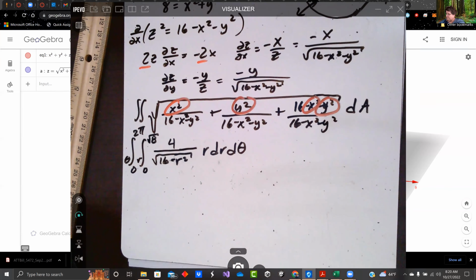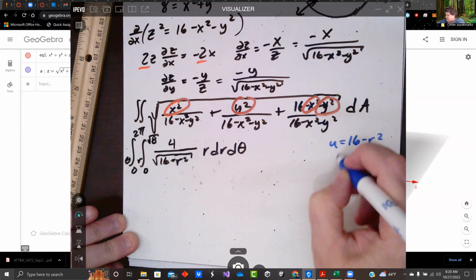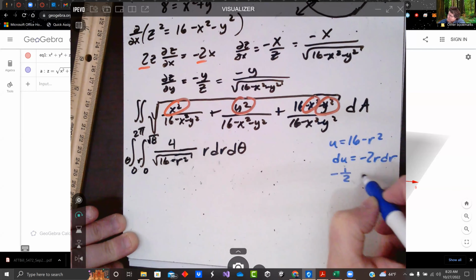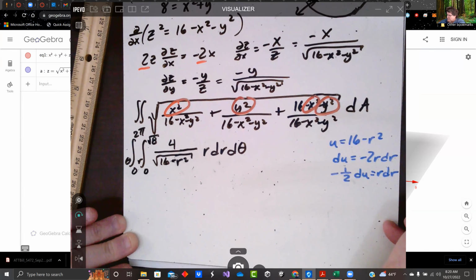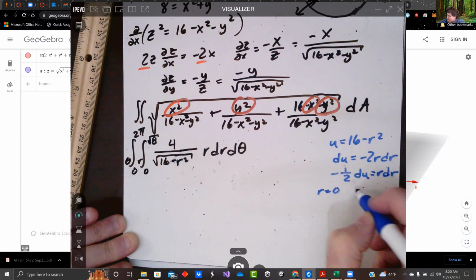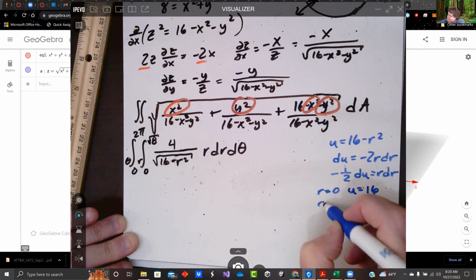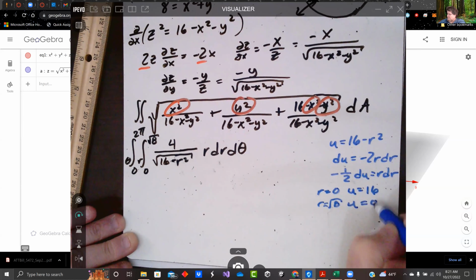So quick use of u-substitution. And when r is 0, u is 16. And when r is square root of 8, u is 8.